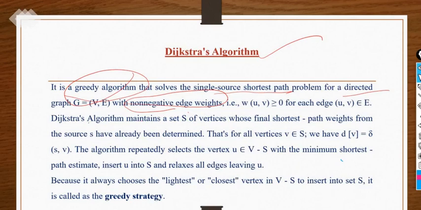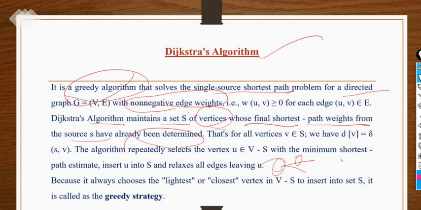In the algorithm, there is a need to maintain the set S, a set of vertices in the graph whose final shortest path weights from the source have already been determined. We have considered infinity, and we have to move from one vertex to another, and whatever distance we have covered, we have to subtract it from the source path, right?